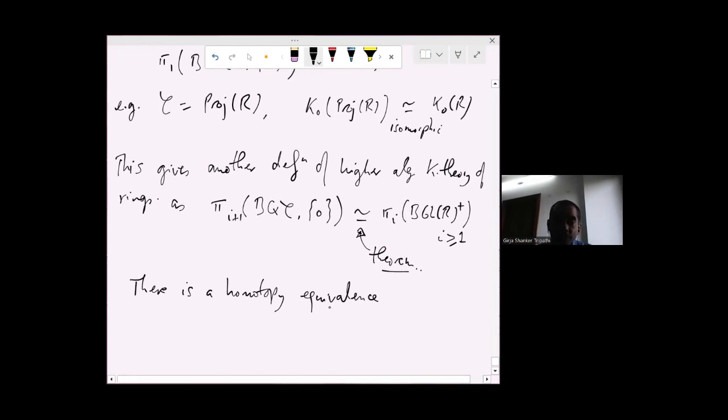The homotopy equivalence would be like this, BGL R plus to, if you don't want to keep shifting this, then we change it like this.